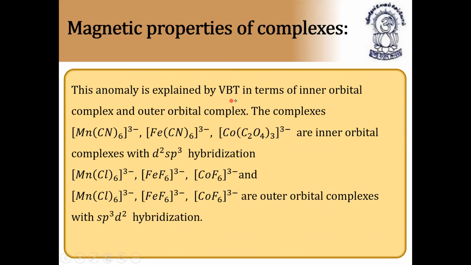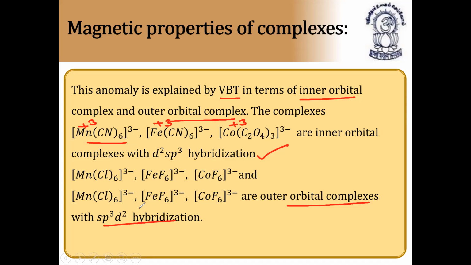This anomaly is explained by valence bond theory in terms of inner orbital complex and outer orbital complex. This is why d4 and d5 are showing different behavior. The complexes of manganese plus 3 state, iron plus 3 state, and cobalt with oxalate ion are inner orbital complexes with d2sp3 hybridization, and the complexes MnCl6 3 minus, FeF6 3 minus, CoF6 3 minus are outer orbital complexes with sp3d2 hybridization.